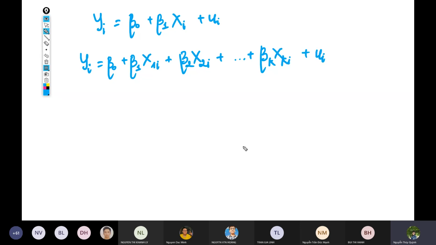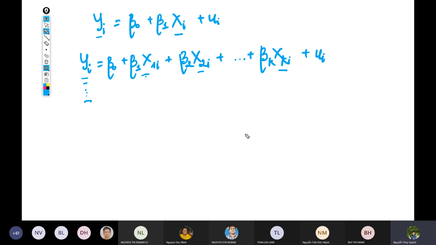All of these models show a linear relationship between the dependent variable y and the independent variables x. We see a linear relationship between y and x1, between y and x2, and between y and xk.